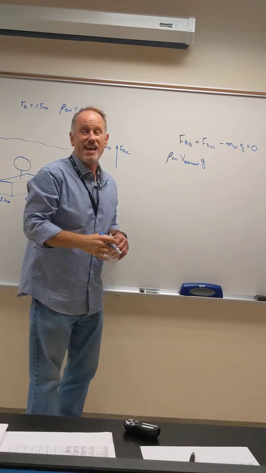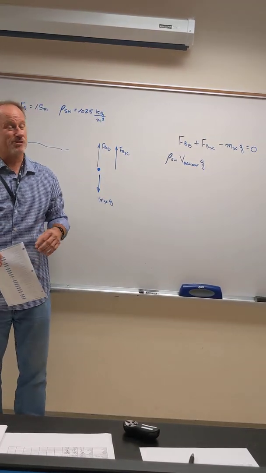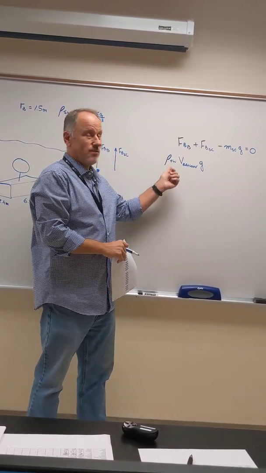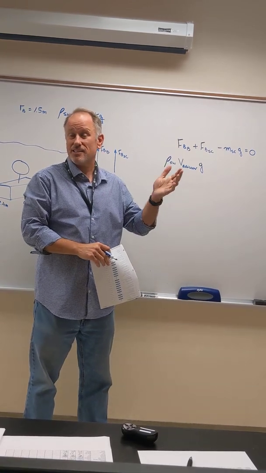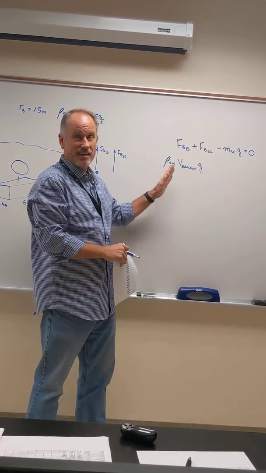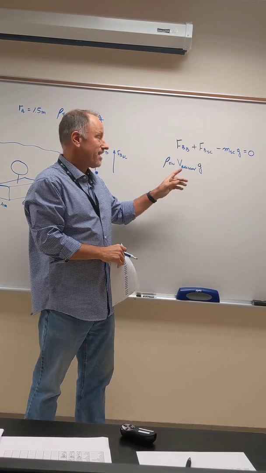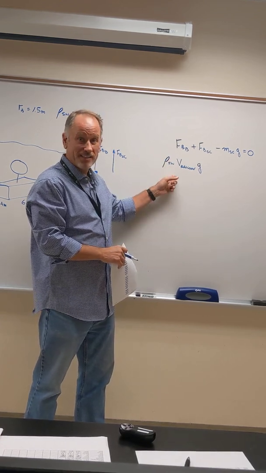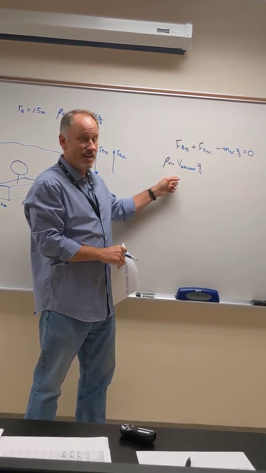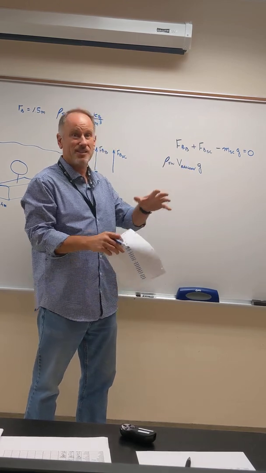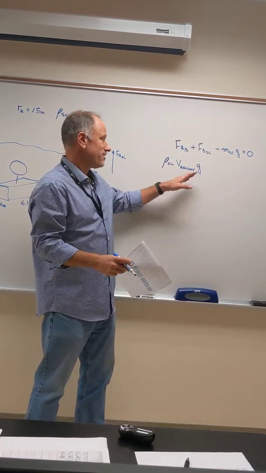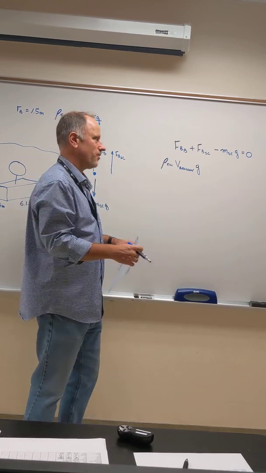Hey, listen, this is important because you guys will screw this up. That's why I'm going over these slowly, because it's sometimes hard to get your head around it. It's the fluid displaced that provides the buoyant force. It's the volume of the object that pushes aside that fluid. And then g is just figuring out the weight.